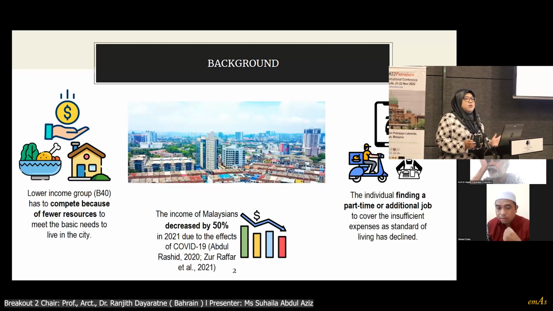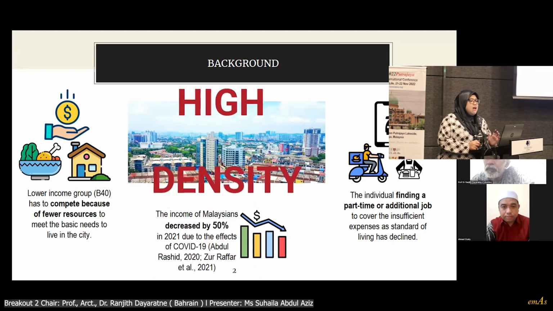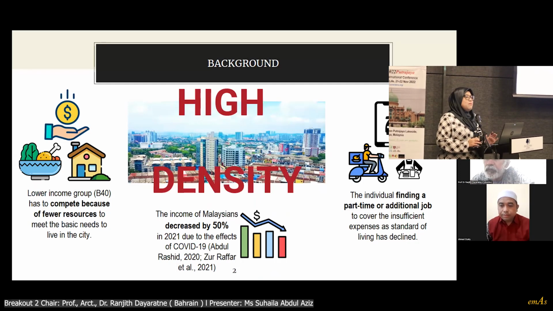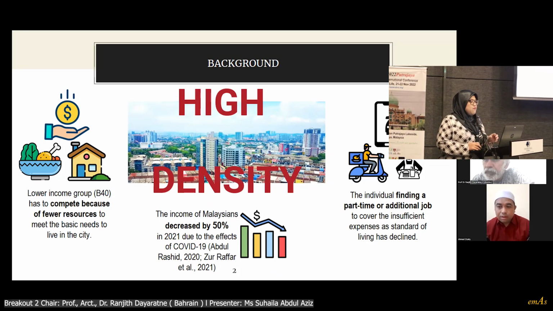Okay, so this is some of the background. We need to understand that in Klang Valley, the density is quite high because the population there is around 24.7% of the population in Malaysia. So of course, those who come from the low income group, especially the B40, have to compete for many things such as food, housing, money, and in many other ways.